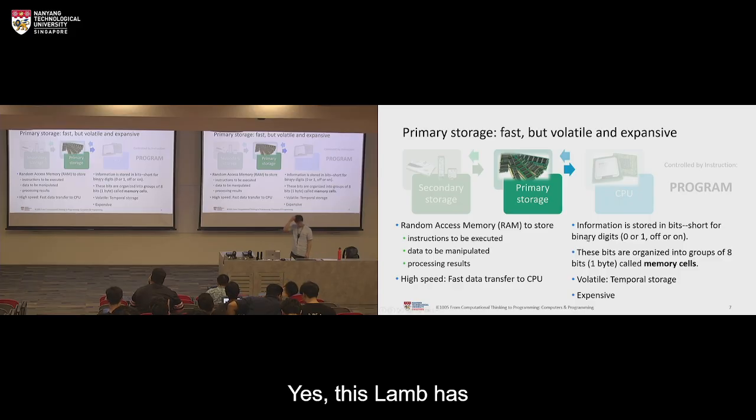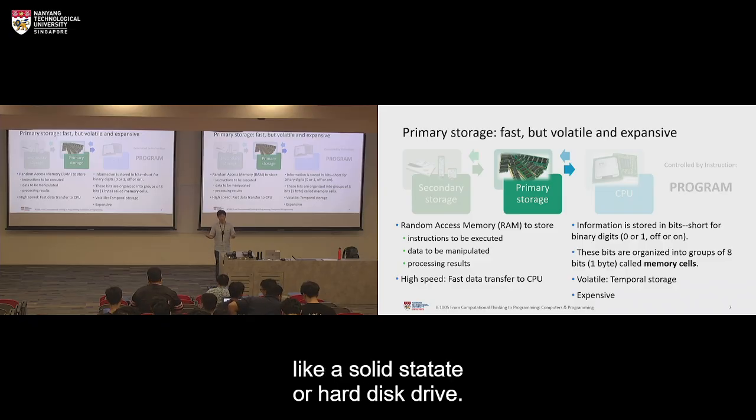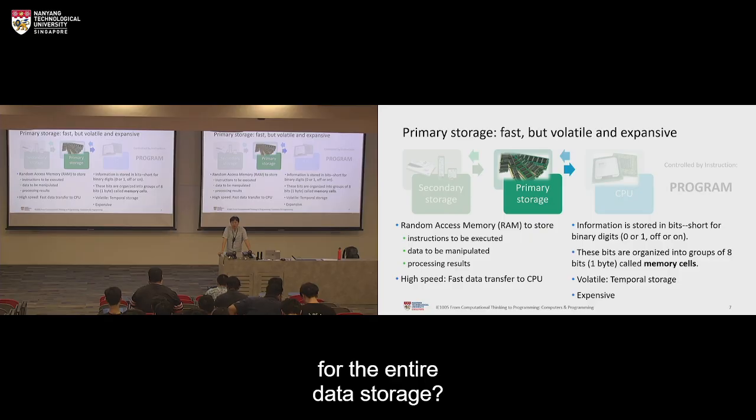Yes, this RAM has a very high speed compared to the secondary storage, like a solid state or hard disk drive. Then you may ask, why don't you use RAM for the entire data storage? Then it's going to be super fast, right?